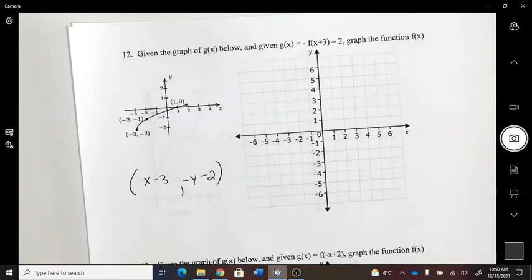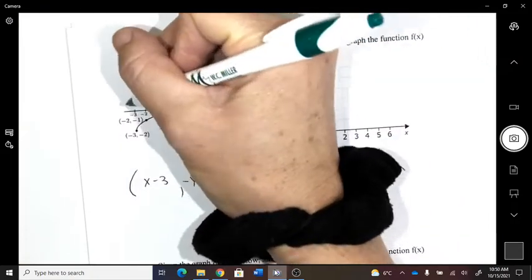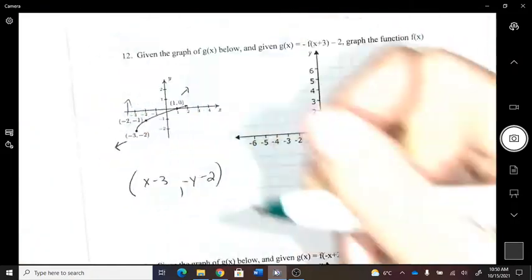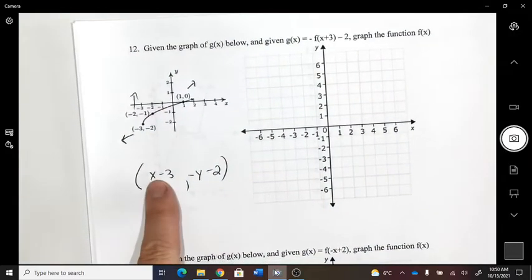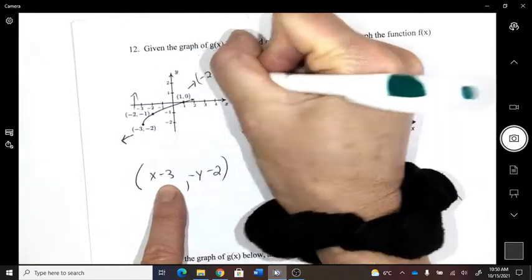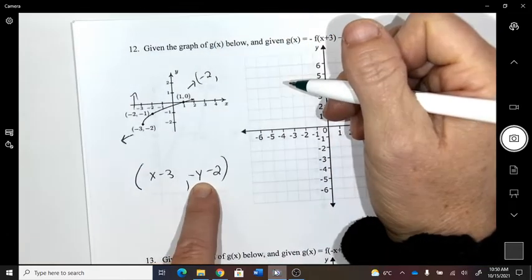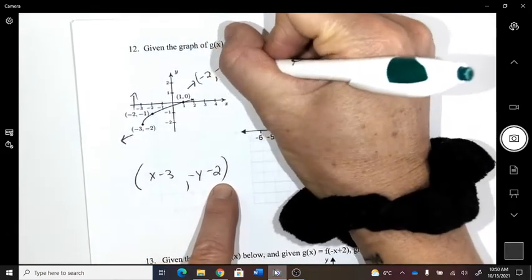Okay, we're good with the math coordinate? So every point needs to move somewhere. I got 3 points there that I've picked. So 1, 0 is going to go 1 minus 3. So negative 2, negative 0, minus 2.